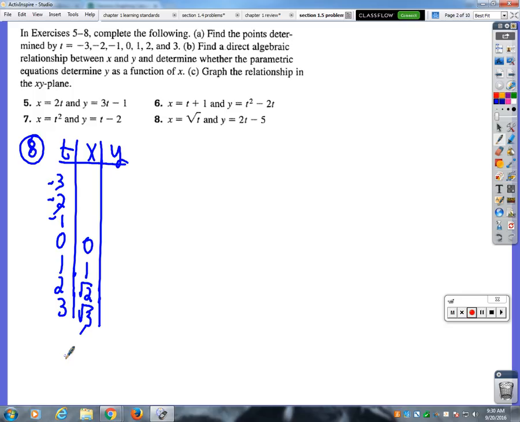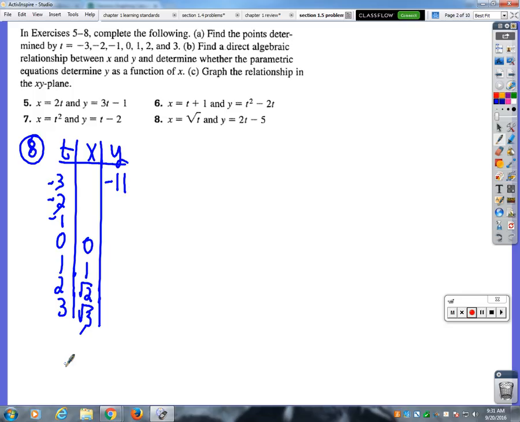Then the other one is 2t minus 5. So if I plug in -3, I get -11.